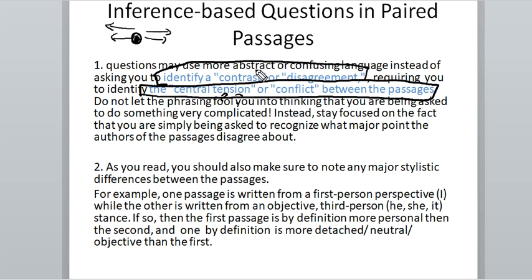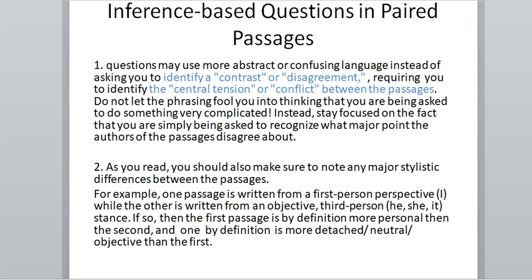So all of these words are actually asking for the same thing. Do not let the phrasing fool you into thinking that you are being asked to do something very complicated. Instead, stay focused on the fact that you are simply being asked to recognize what major point the authors of the passages disagree about.